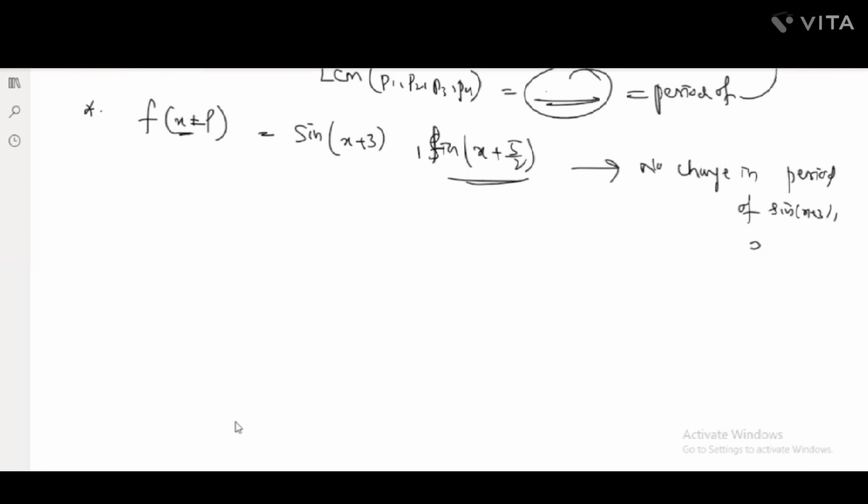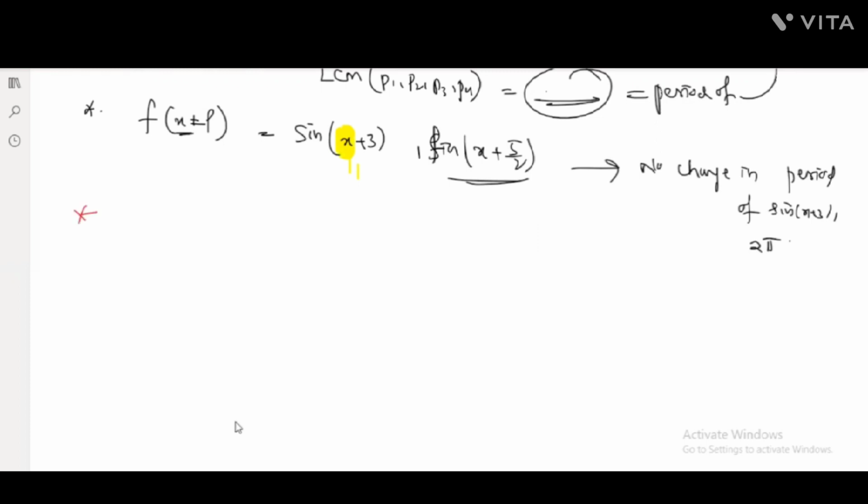That is nothing but you will get 2 pi over here. So the period changes only when some number is multiplying or dividing the variable. So please remember this point also.